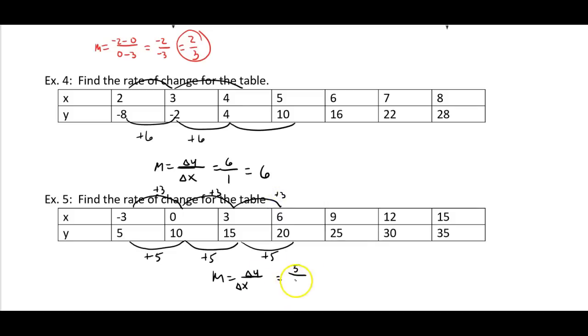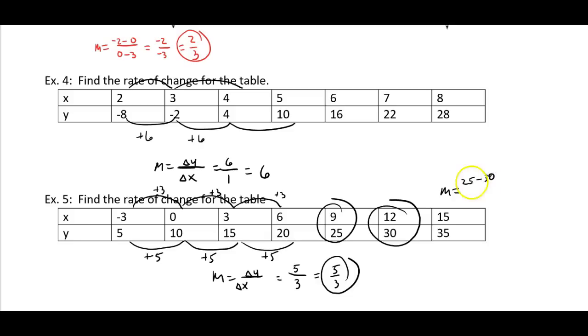So right away, my change in x is up 3. So my slope is positive 5/3. Now, I could also take any 2 points and use the slope formula. I could do 25 minus 30 over 9 minus 12. That would give me -5 over -3, which simplifies to positive 5/3.